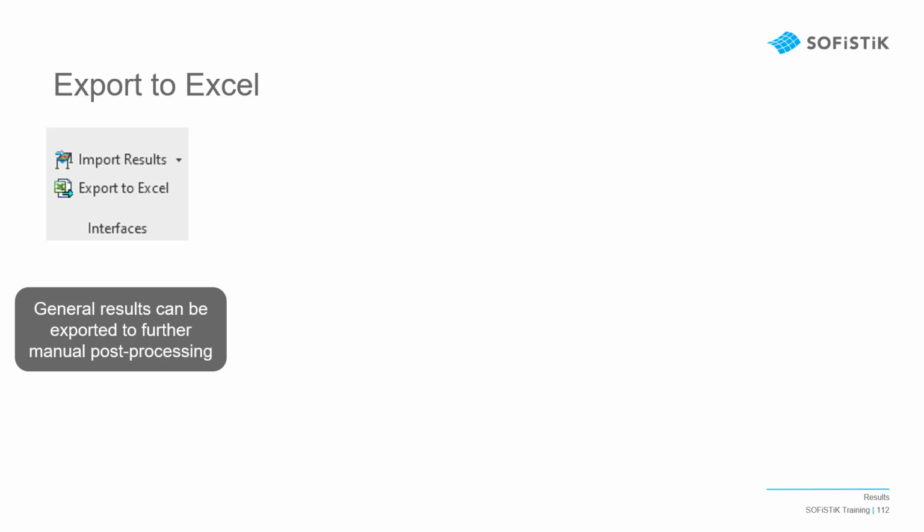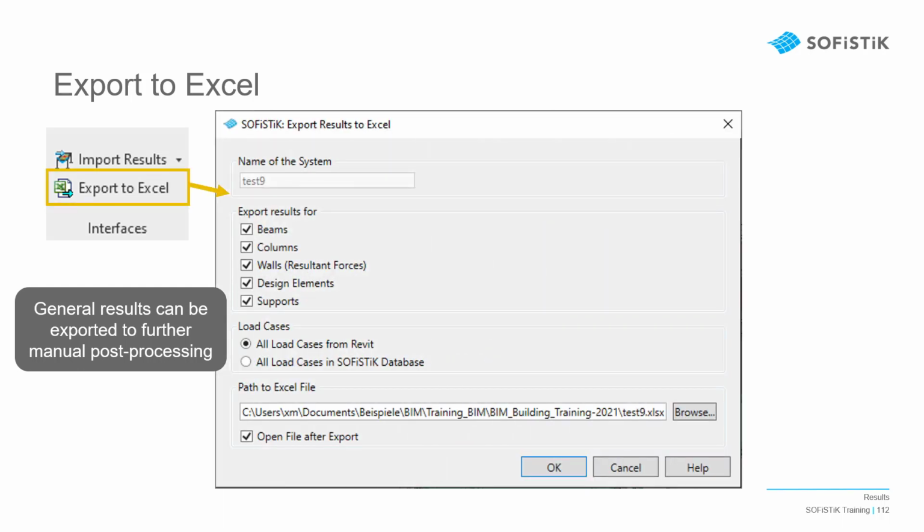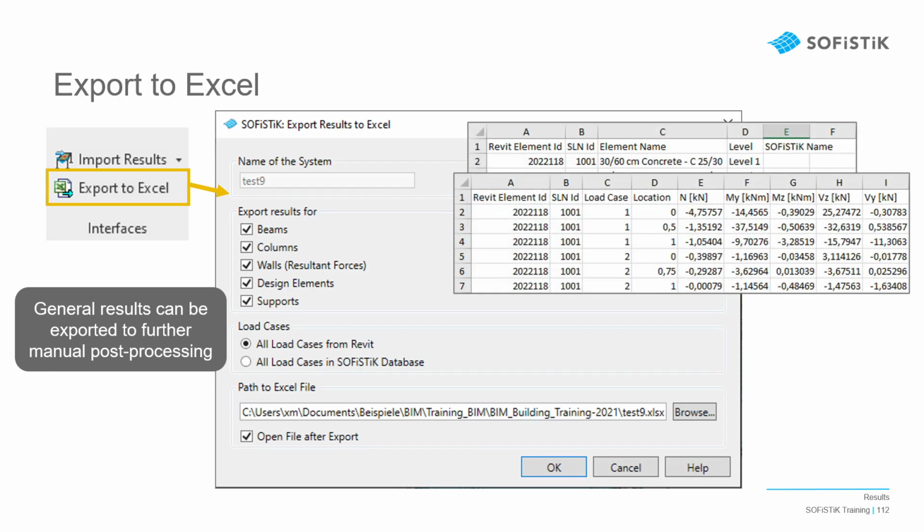While it is important to be able to share results via the Revit BIM model, it is essential to also access those data outside of Revit for further processing, and for such, Excel is the most common tool used by engineers. For this purpose, a command Export to Excel allows to select some results and generate an Excel file with these.